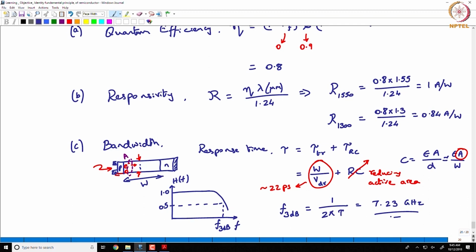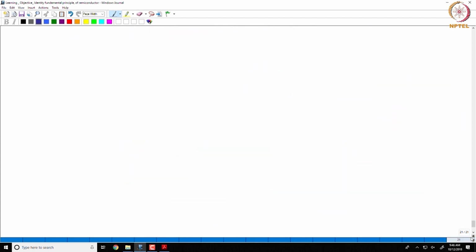Okay, understand this? Now, I do not have a lot of time, but let me just quickly work out this other example, or just give you a lead for that other example.